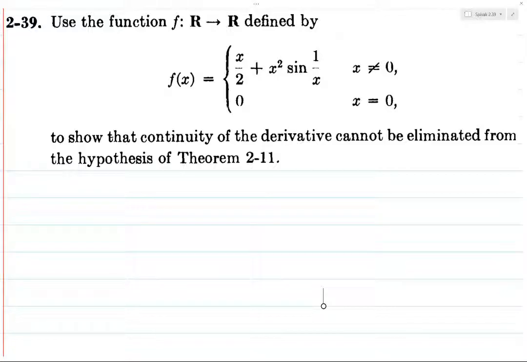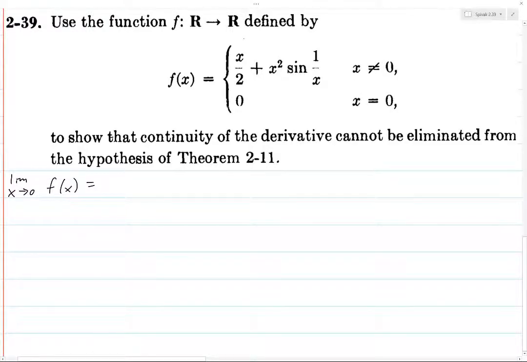Okay, so the limit as x approaches 0 of f of x is going to be what? Well, if we look at this, of course, x over 2 is going to go to 0.